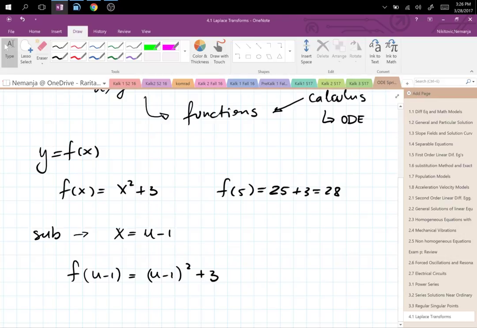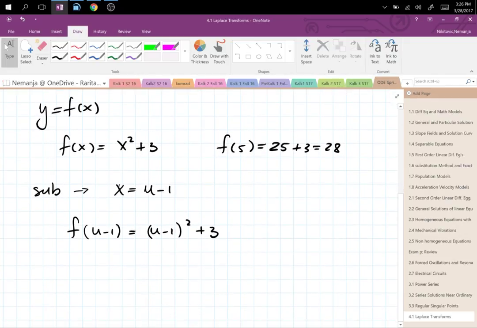What I'm doing now is changing my input. So the variable that is input now is no longer x, it's now u. I can work this out and get u squared minus 2u plus 1 plus 3, which is u squared minus 2u plus 4.